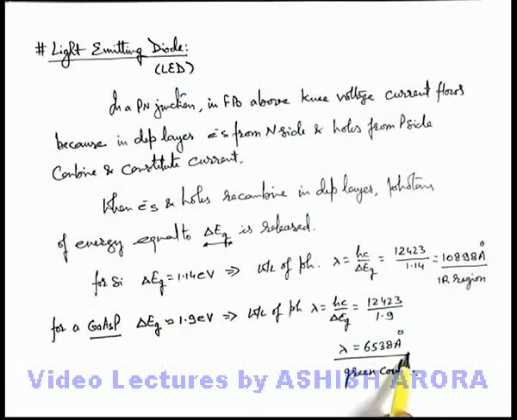Such kind of diode which emits light from the depletion layer is called a light emitting diode. On the next sheet we'll see a realistic situation of how a light emitting diode works.